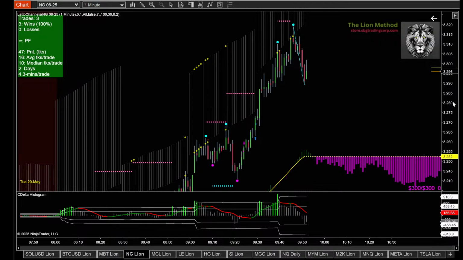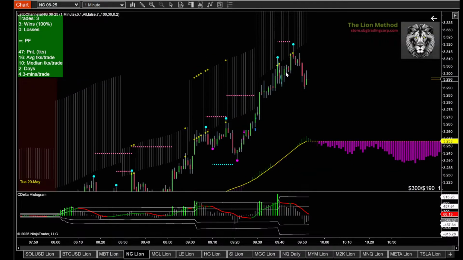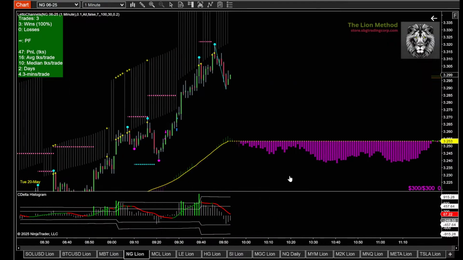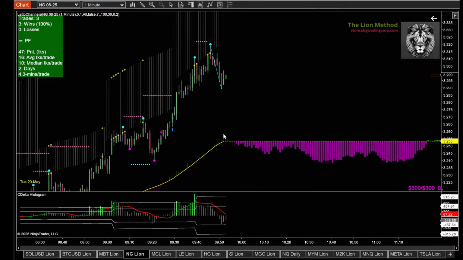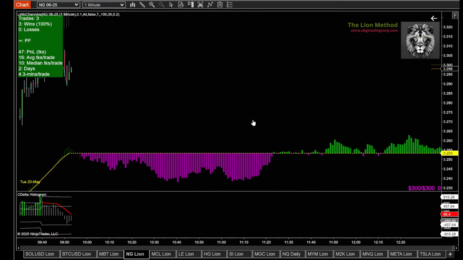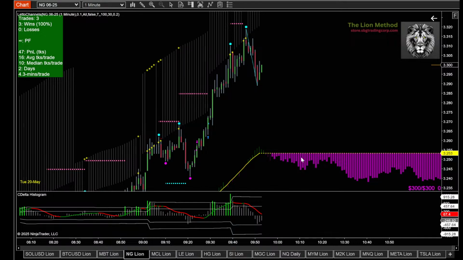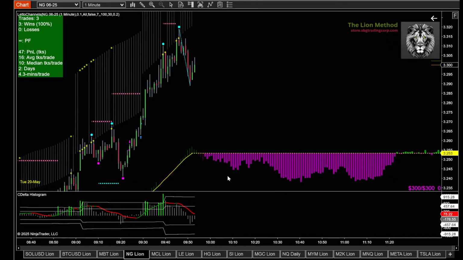Natural gas is showing a toppy action. We had overbought. Order flow is dying, and tendency, look at that, is showing a good position. Normal for gas is to be below the 100 during the next hour and 20 minutes.